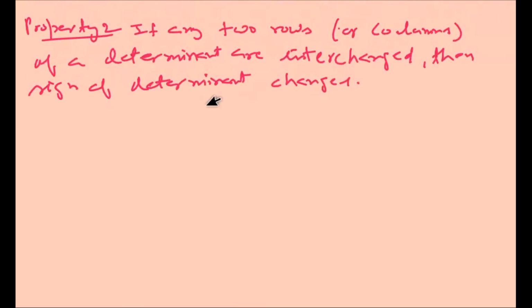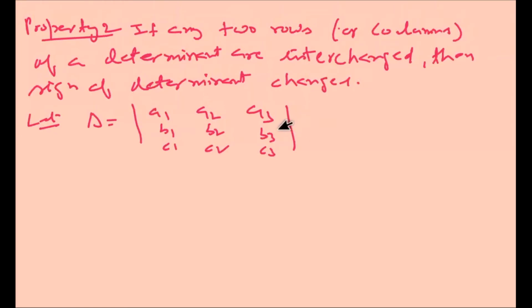Okay students, let delta equal to the determinant with rows a1 b1 c1, a2 b2 c2, a3 b3 c3. Then you can already find the delta.